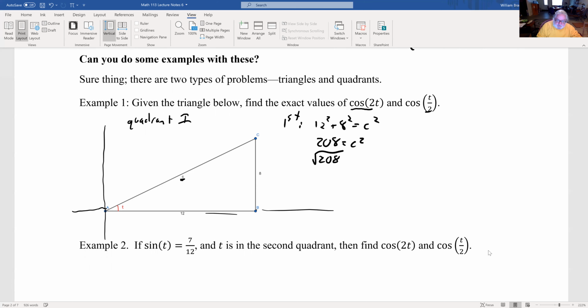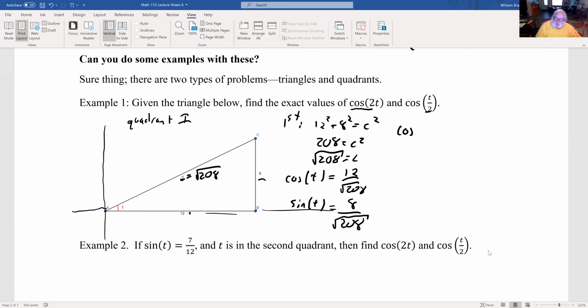And I know that can be simplified, but I'm not going to bother, and you shouldn't bother either. Great. So we know that cosine of t is 12 over square root of 208. We know that sine of t is 8, opposite over hypotenuse, right? Over square root of 208.